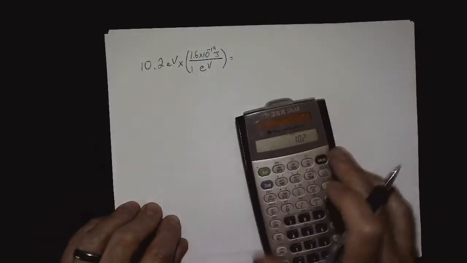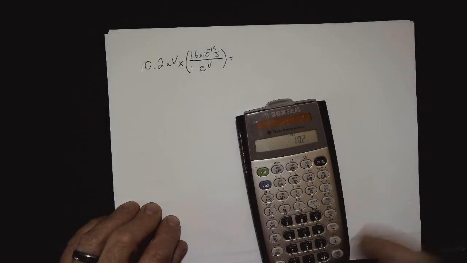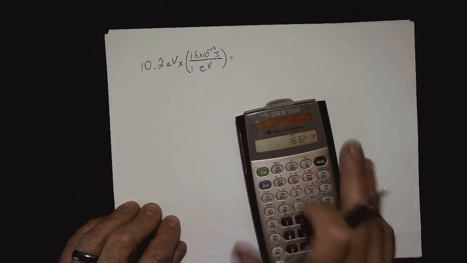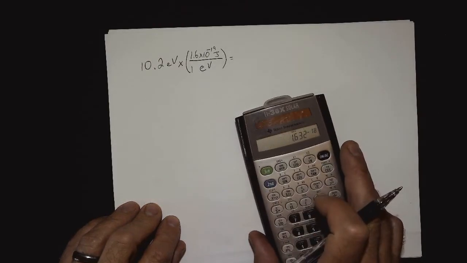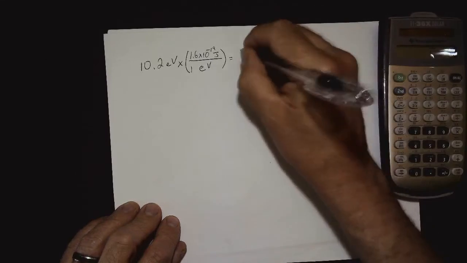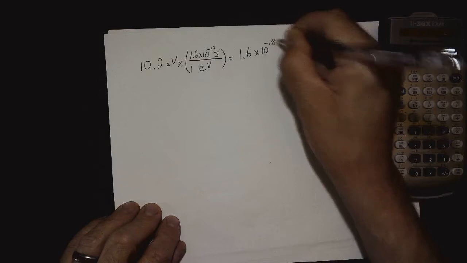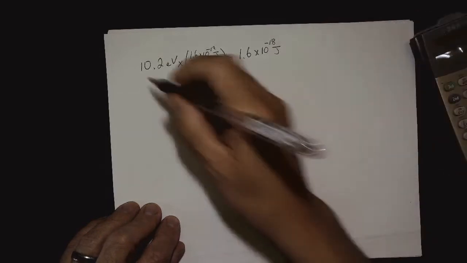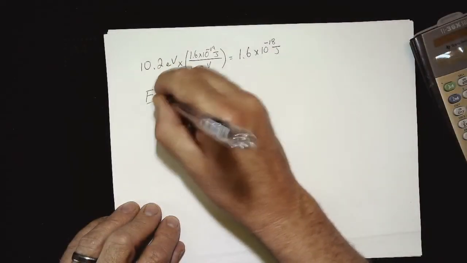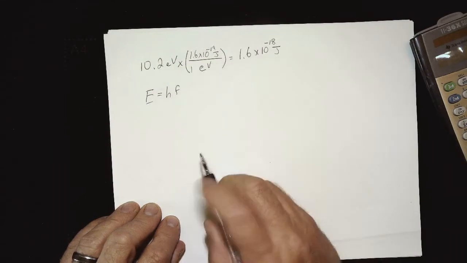Well, what do we get there? 10.2 times 1.6 times 10 to the minus 19th, that is 1.6 times 10 to the minus 18th joules. Well, we use the formula E equals hf to convert to a frequency.